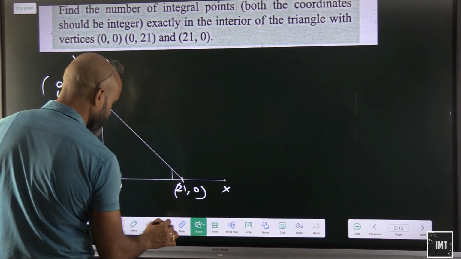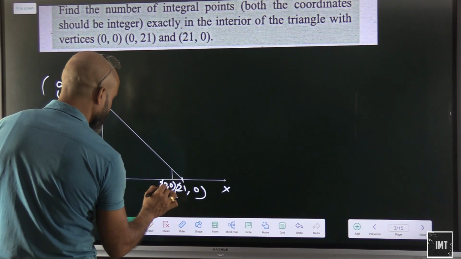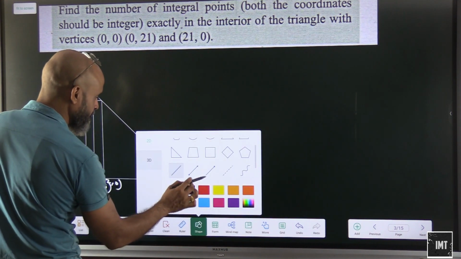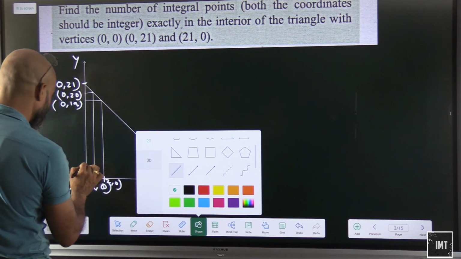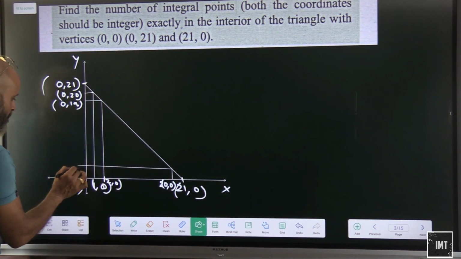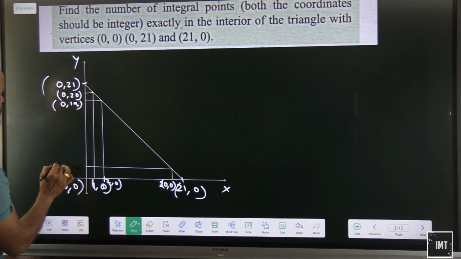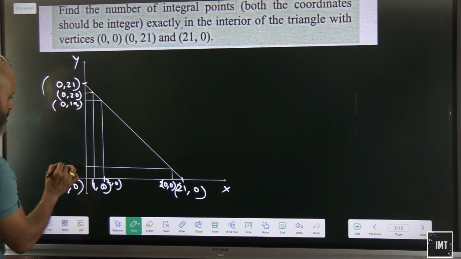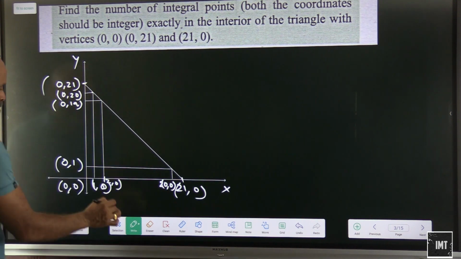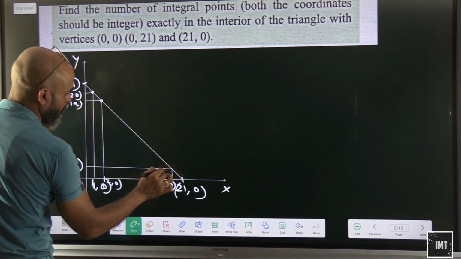Let's say this is 20 and 0, and if I draw a line here, this will give me x-axis 0 and 1. So that's how the entire set of points is. Let's say these are the points on the triangle.